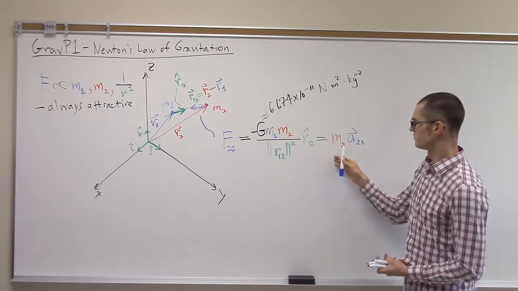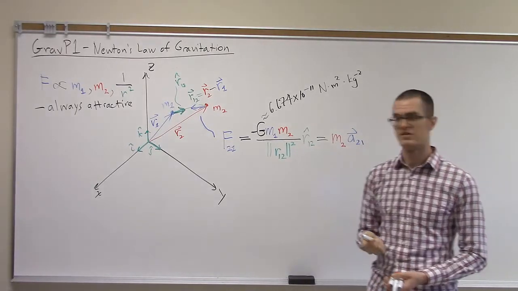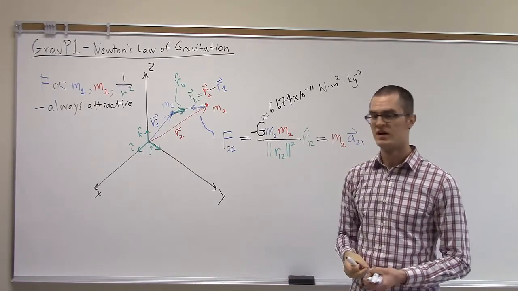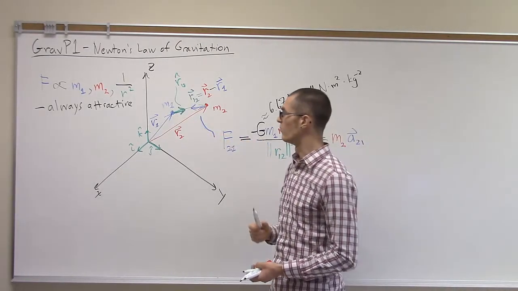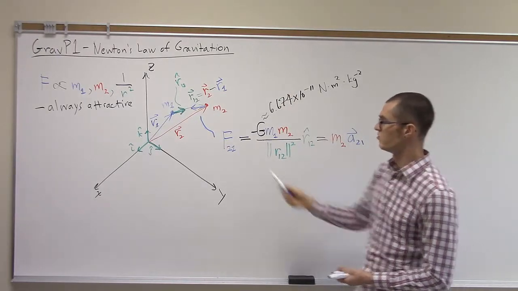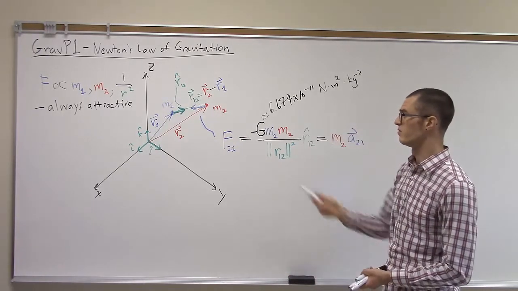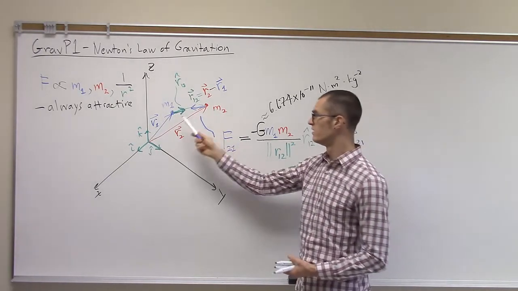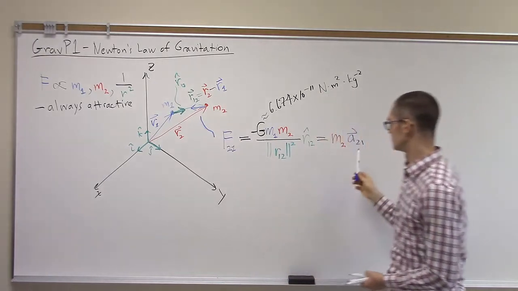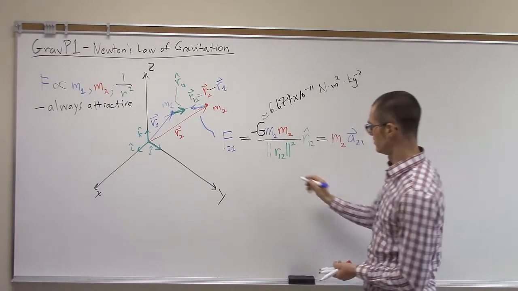This a21 is the component of the acceleration of m2 due to particle 1 here. If we have lots of particles around, then m2 might have components of acceleration due to all of the other particles as well. But in this case where we just have the 2 particles, this is the entire acceleration of particle 2.